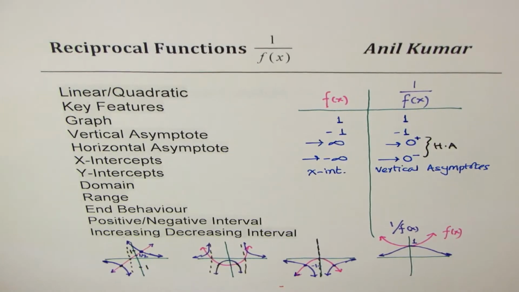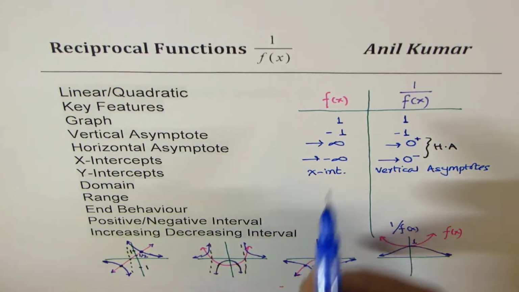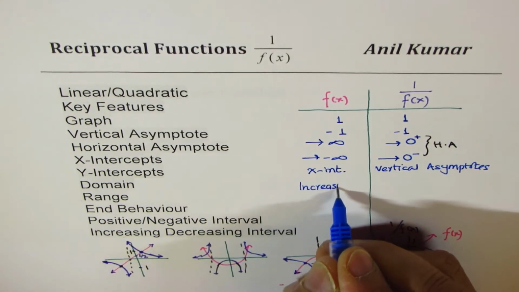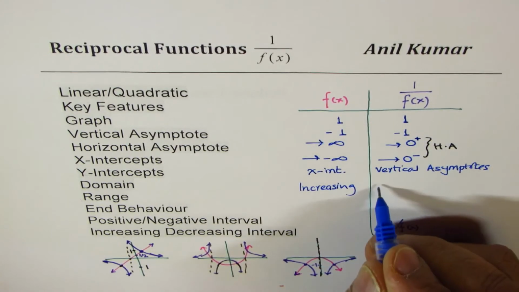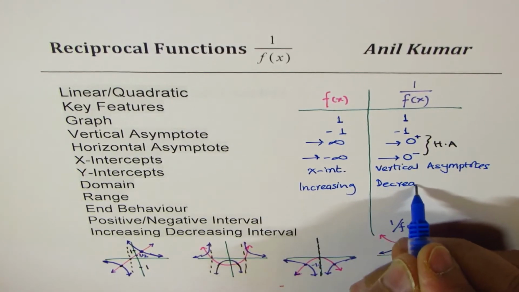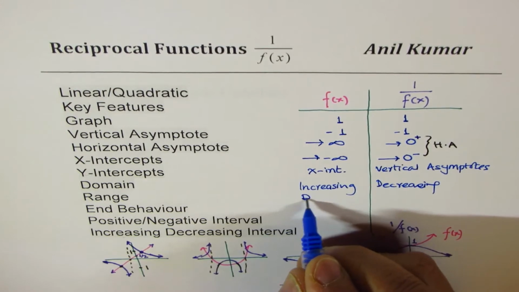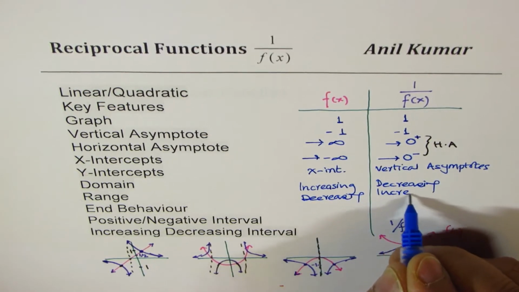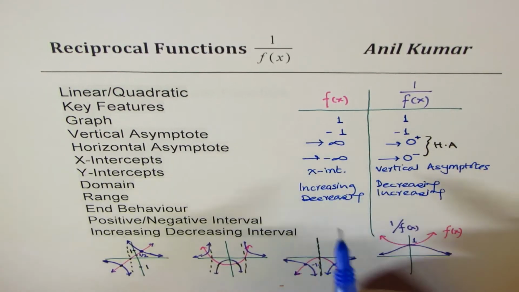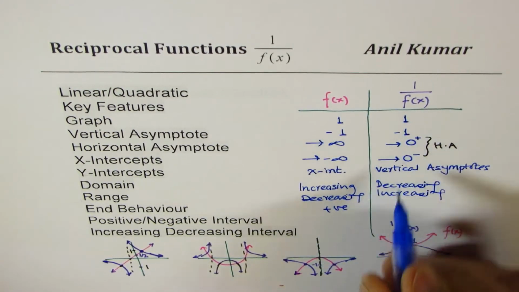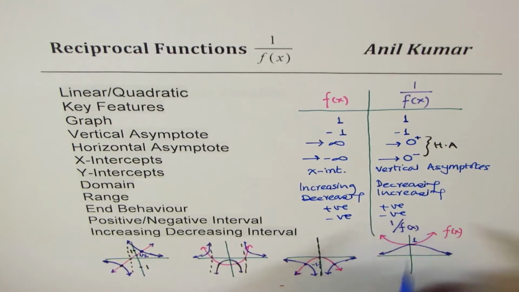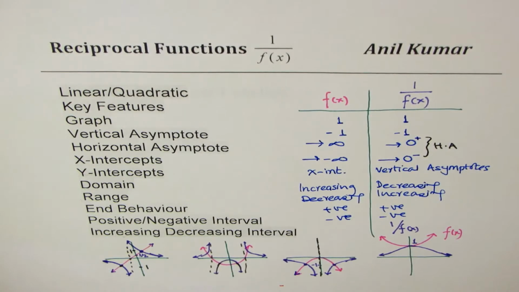So these are key features which you'll find, and if the function is increasing, then the reciprocal should be decreasing. Is it okay? And if this is decreasing, then reciprocal will be increasing. If the function is positive, reciprocal will be positive. If function is negative, reciprocal will be negative. So these are common features for any reciprocal function, correct?